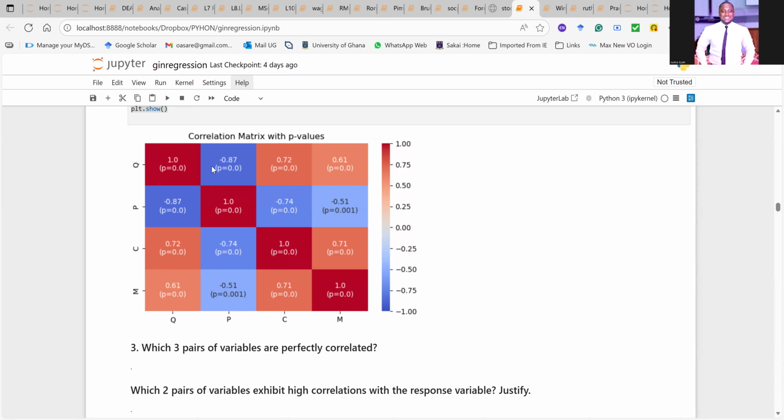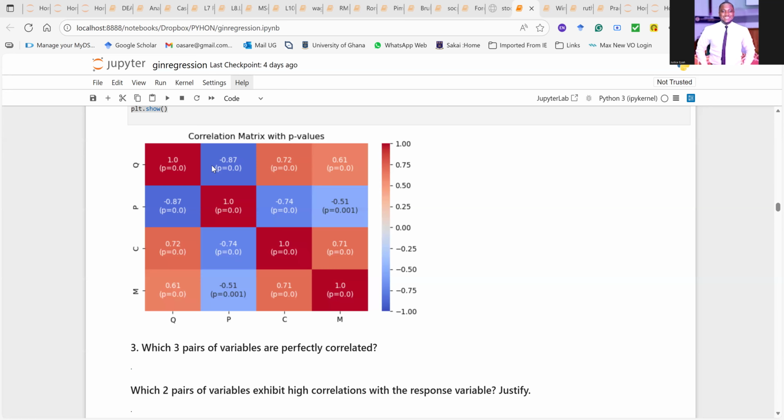Say it in pairs. You have to say quantity and quantity. Okay, quantity and quantity. Then the complement and complement. Then M and M. Then P and P, price and price.